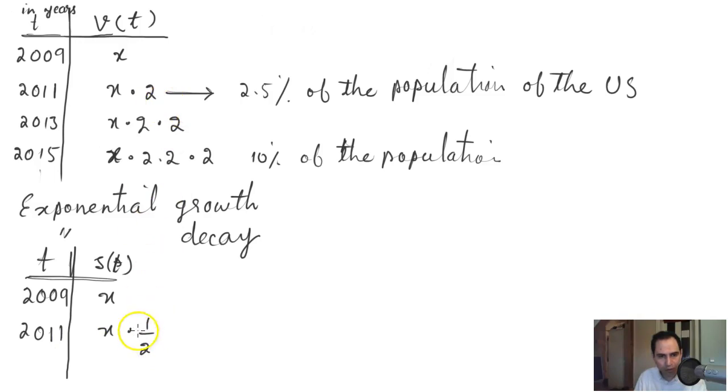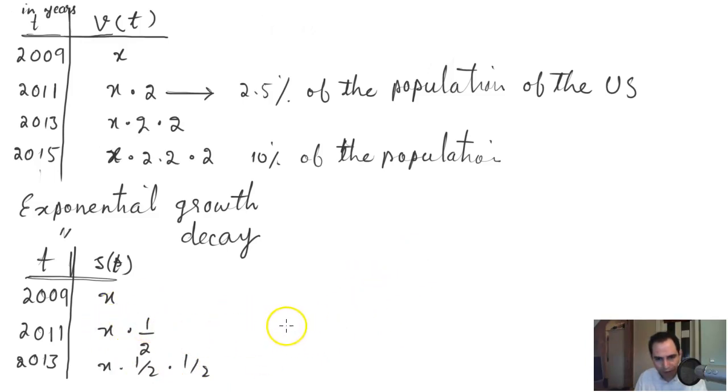So here, instead of multiplying the population by 2, I'm multiplying by 1/2. That means the population has been cut in half. And if it keeps going on, in 2013, for example, it's X times 1/2 times 1/2, and so on and so forth. So this is an example of exponential growth, and this is an example of exponential decay. Here you can see that the population is decreasing and decreasing.